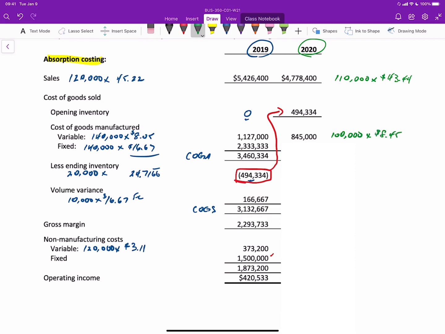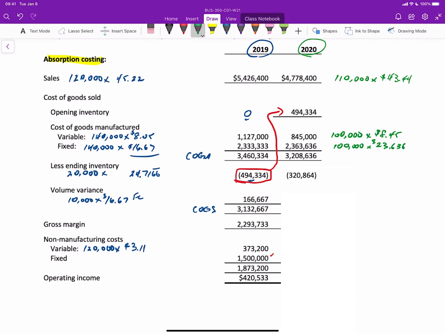So that gives us $845,000. And then the fixed cost of goods manufactured is 100,000 times the $23.636 in fixed costs. So that gives us $2,363,636 for total cost of goods manufactured of $3,208,636.